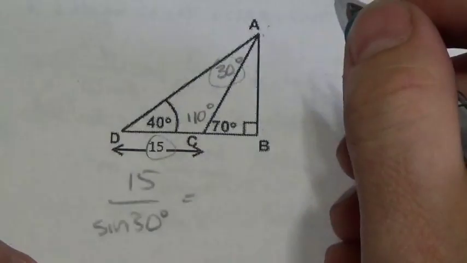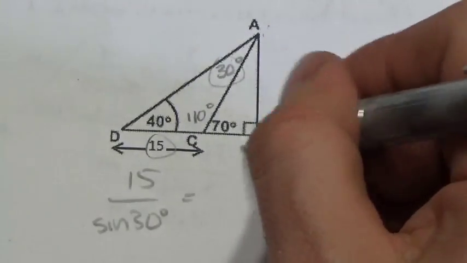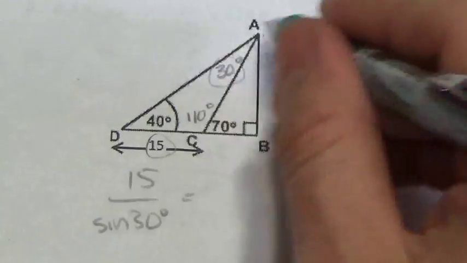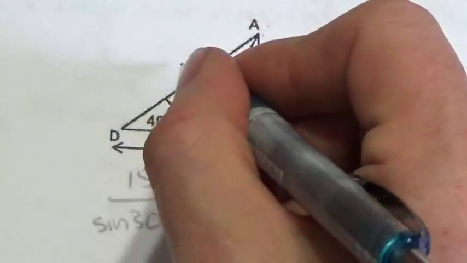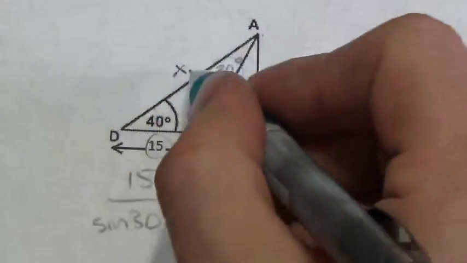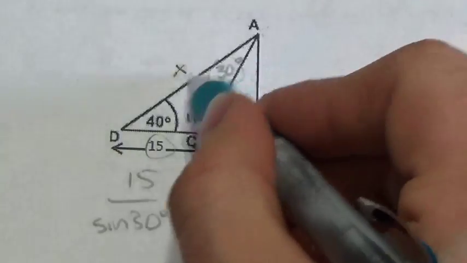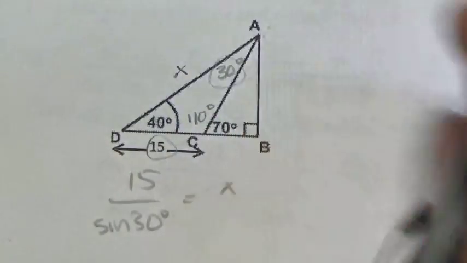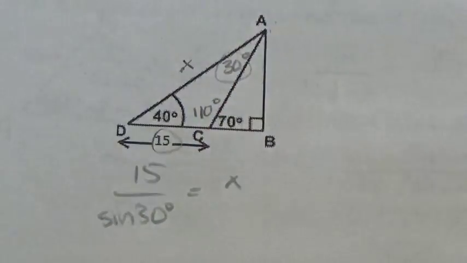Now, ultimately, my goal is to get side AB, and I can see that it's part of a right angle triangle, or even a couple of right angle triangles, actually. So I just have to pick a side here. Maybe I'm going to solve for this one right here. Let's solve for side x, AD. In this oblique triangle that I've got, that x is opposite that 110 degrees.